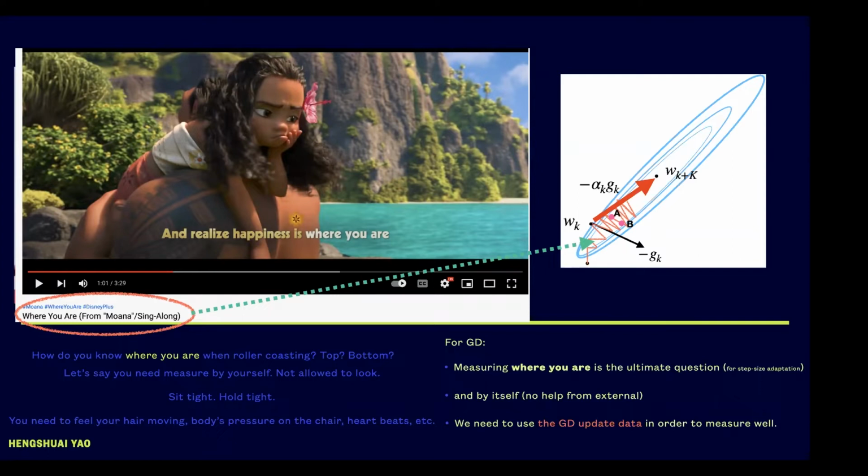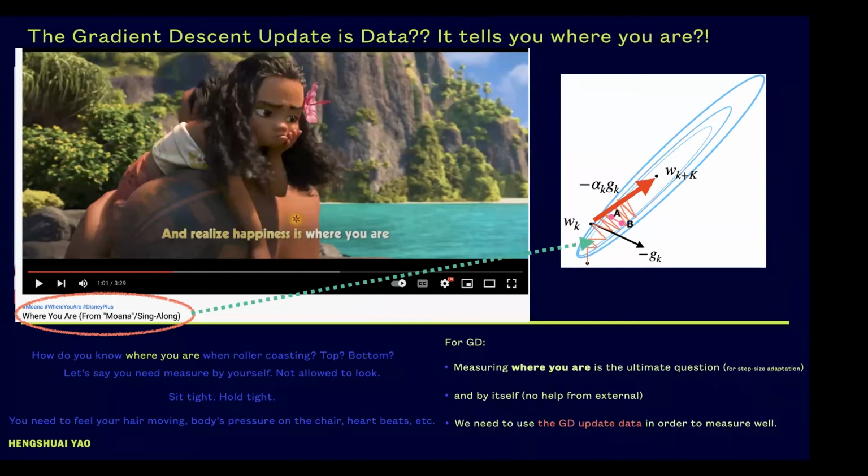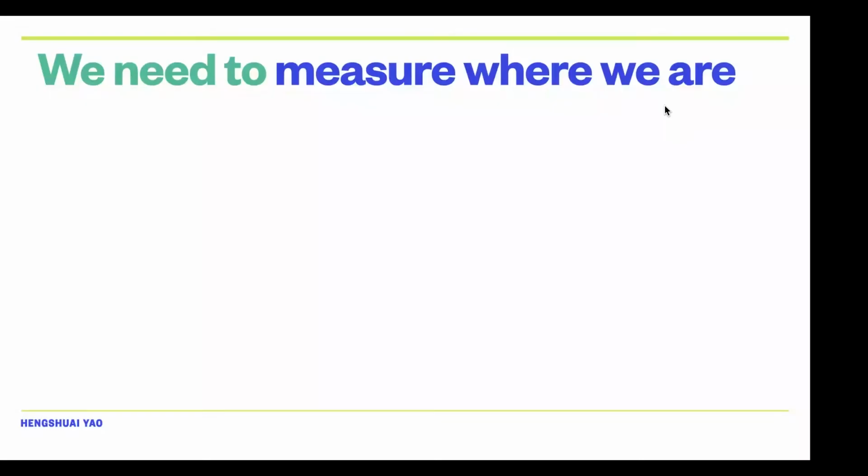But here we talk about gradient descent update data. This does not make a direct connection to you. Does the update data tell you where you are? We're going to answer this question and discuss it throughout the talk. So we need to measure where we are in the gradient descent update.